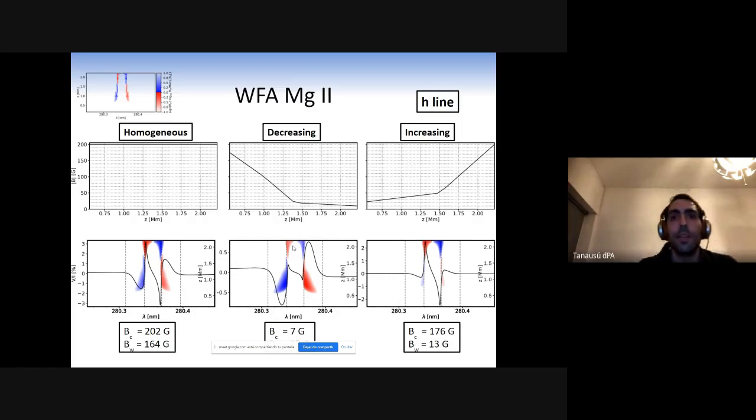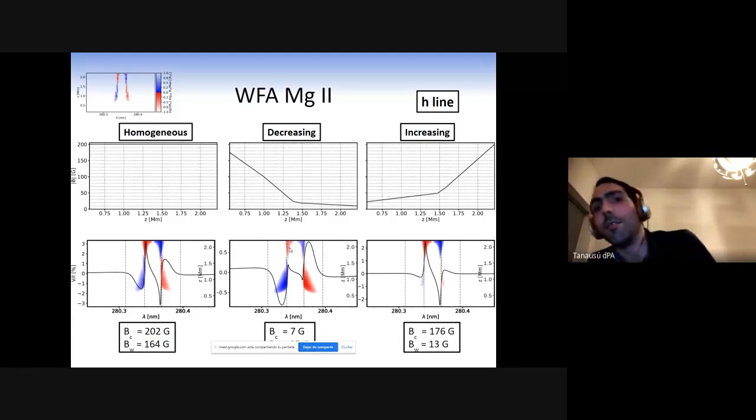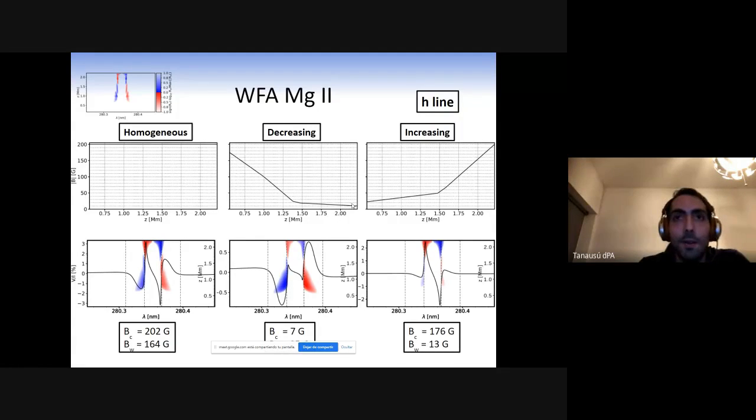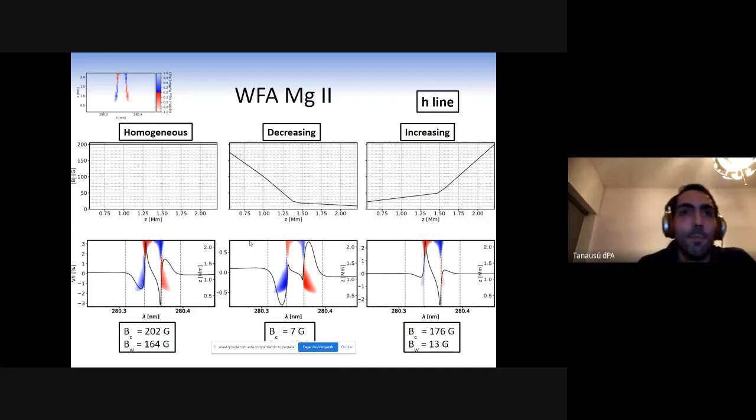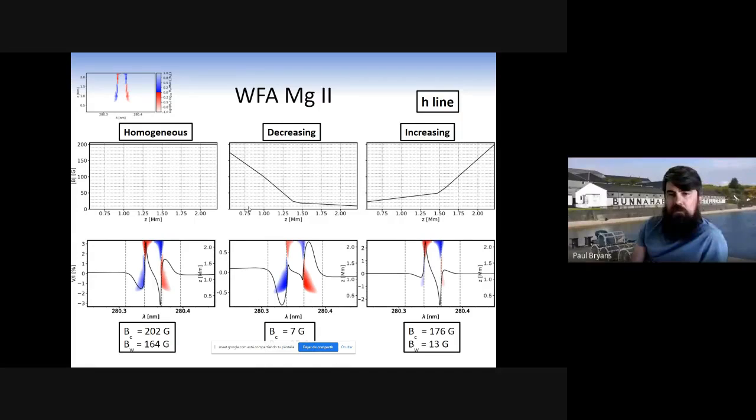Now, as we go to the decreasing magnetic field, we see that the inner lobe should be sensitive to magnetic fields around 2 megameters. The inferred magnetic field is around 7 Gauss. Then we see that it's pretty close to the value around this region, that is around 10 Gauss. And for the wings, that should be sensitive around 800 kilometers, we get... I cannot actually see the number because there is a label there.